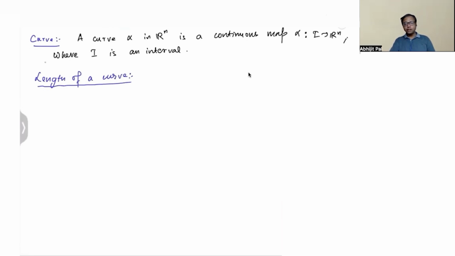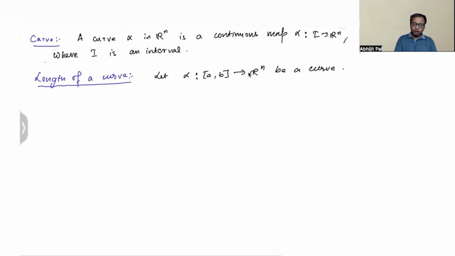In order to define the length of a curve, I'll take the domain to be a closed bounded interval. So let alpha be a curve defined on this closed interval AB.